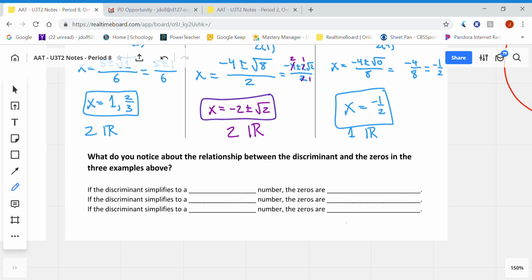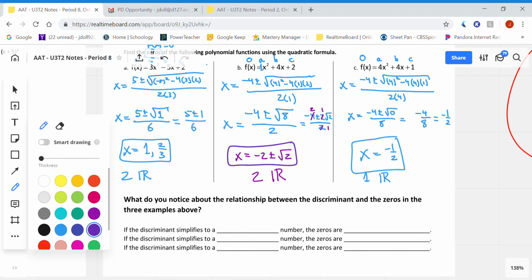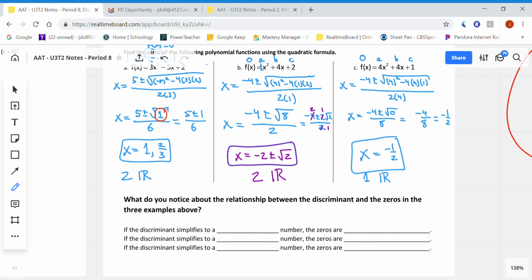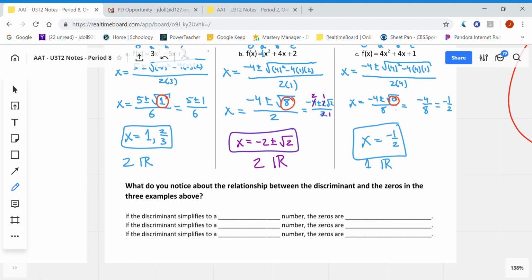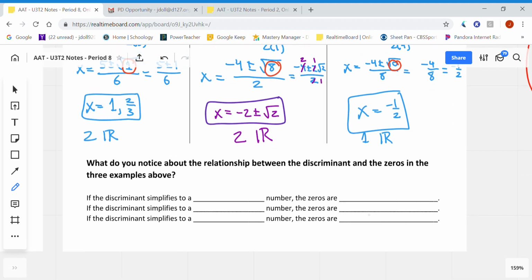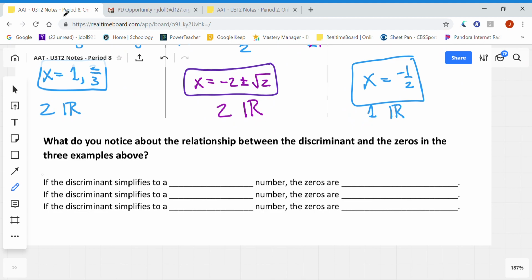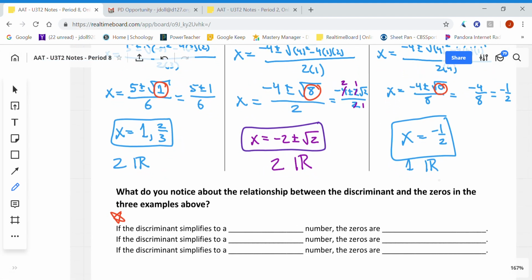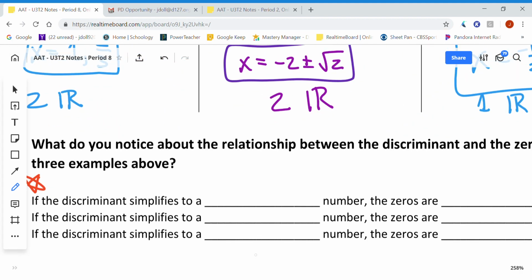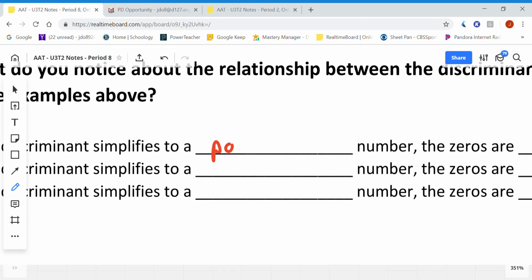So let's talk quickly about the discriminant though. Just to remind you, the discriminant is the value that you get when you simplify underneath the radical, right? So the discriminant were those values right there in red. So let's take a look. In the first two, you can see that my discriminant is a positive number.